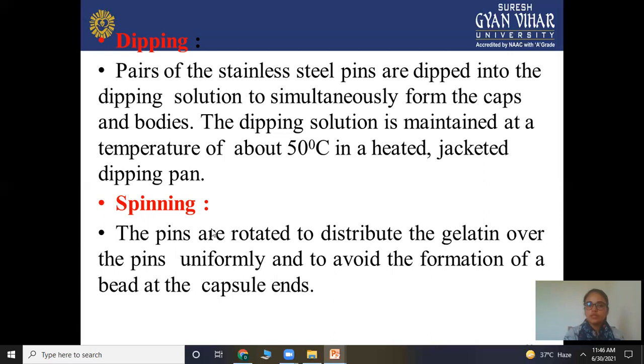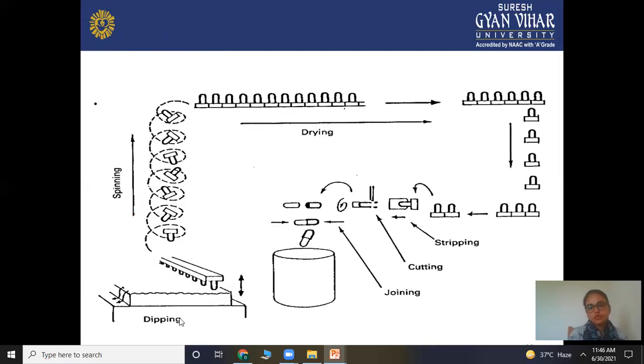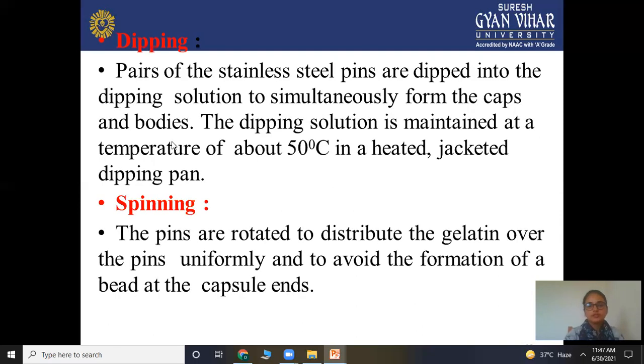The gelatin is uniformly distributed on the mold, and it forms a uniform layer or shell due to this spinning. Then after spinning, drying is the next process.